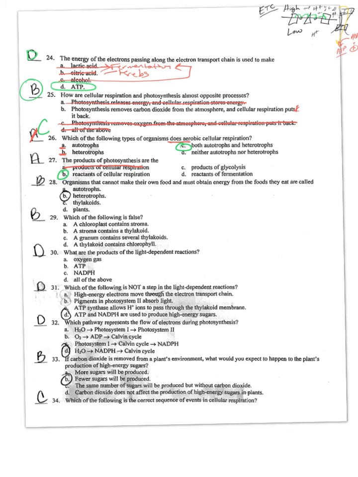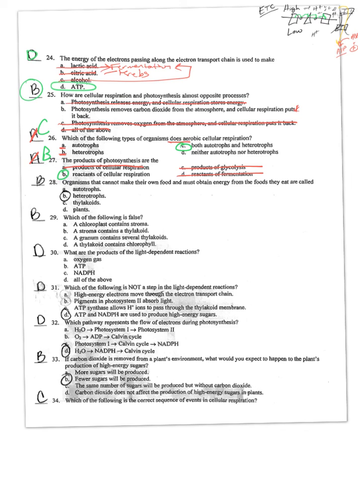They're not the products of glycolysis, and they're not the reactants of fermentation. So it's not A. The answer is B. All right. So again, I think you'll see that this is the same concept repeatedly asked in different ways. And there was a time crunch as well, which is another reason why I felt that adding 10% to your grade was fair.